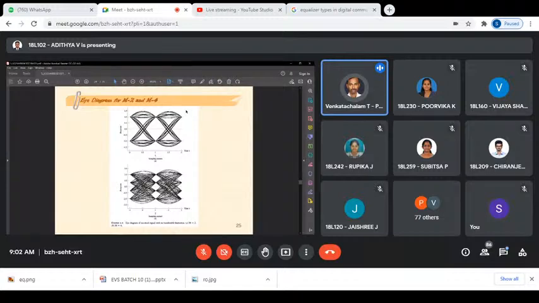The top one is for M equal to 2, and the bottom one is for M equal to 4. For M equal to 4 you have 4 eye patterns superimposed, whereas this is a single eye pattern.